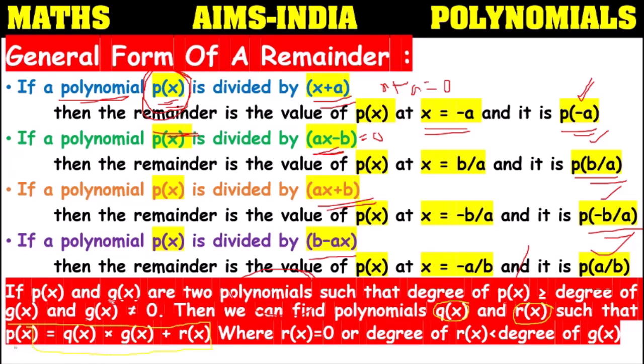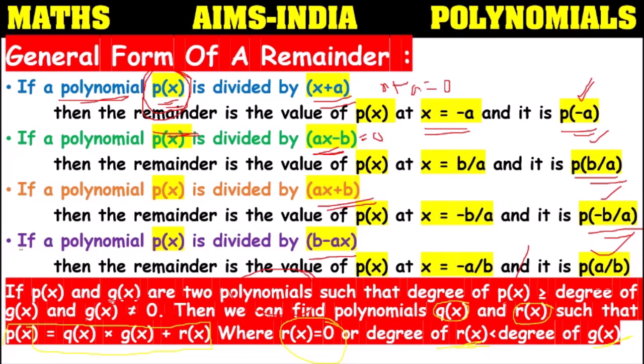All four will follow the division rule, where r(x) equals 0, or the degree of the remainder is always less than the degree of the divisor.